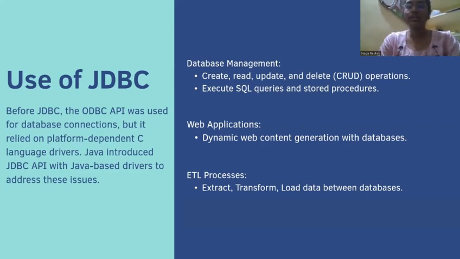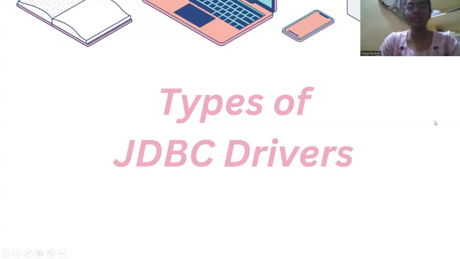For storing all this data, we can use JDBC and connect them to web applications so that it would be easy for us. And for ETL processing, that is extract, transform, and load data between these databases, we use JDBC. Those are the uses of JDBC.